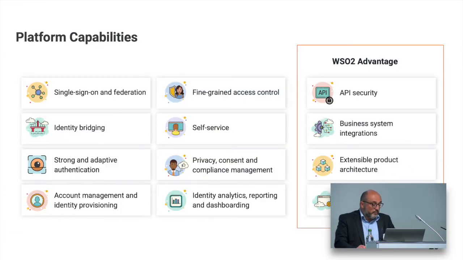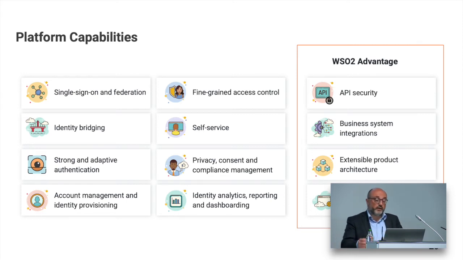And as capabilities, WSO2 Identity Server and Asgardeo provide all the minimum, let's call it, the list of capabilities that each and every identity provider must have. And we provide all of them, and we think we are very strong in all of them, especially in the area of single sign-on and federation, identity bridging, and strong and adaptive authentication.